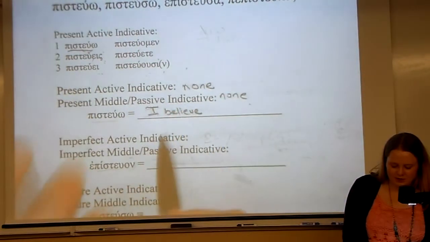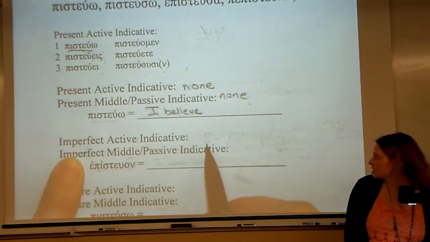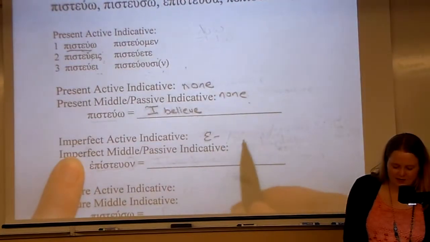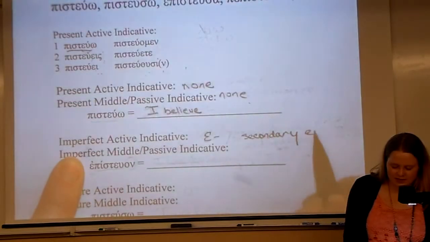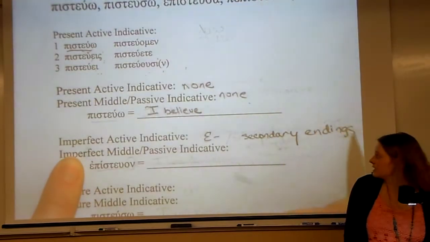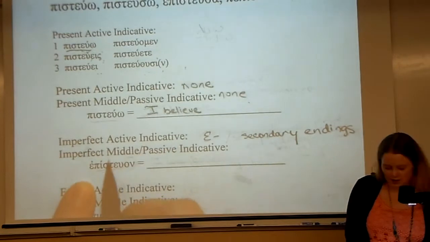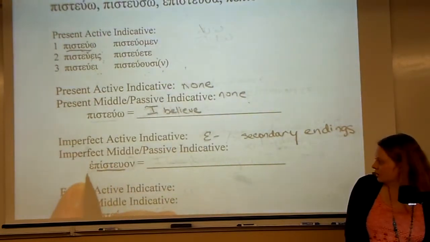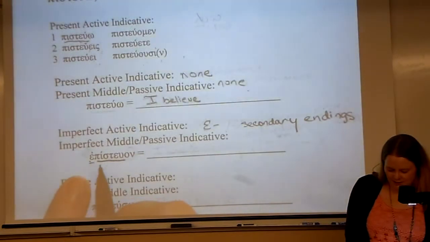The imperfect are built on the same stem, but they have two characteristics. We've talked about them, and you can see the remnants of where I've erased it on this sheet. You have an epsilon augment at the beginning, and you have secondary endings. Those are the two things, epsilon augment and secondary endings. You see it here. Here's your present tense stem, pistu. Here is your epsilon augment down here. And here is your secondary ending.